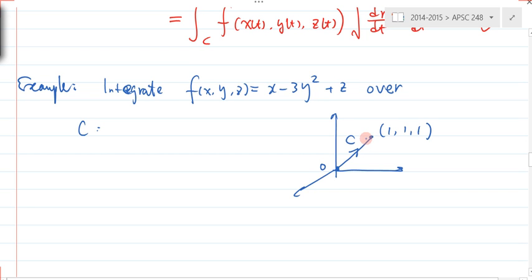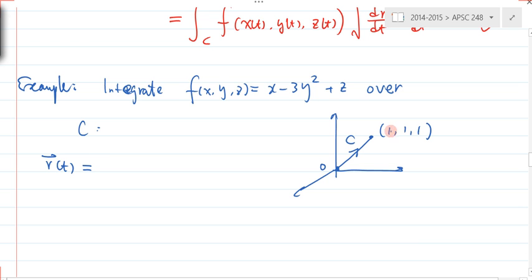So then what do we have to do? We have to derive the parametric equation for this curve C first. What is the vector function representing this curve C? You integrate this function over this curve C; in other words, this x, y, z here will only change along the curve C. So what's the parametric equation?